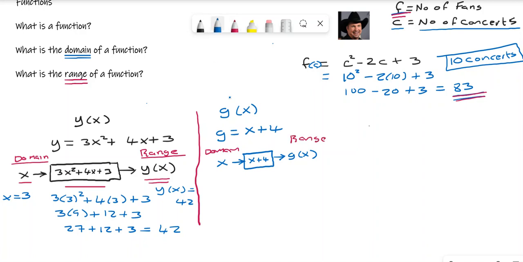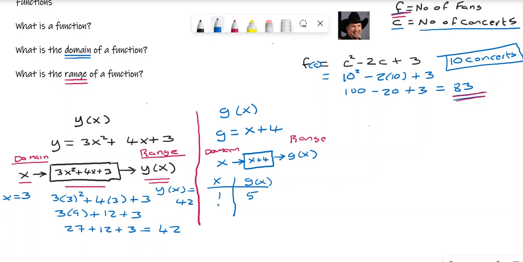So we could have a number of different values. Imagine we let these be our x values, and then these are going to be our g(x) values, or function values. So if I put in 1, it's going to give me 1 plus 4, so g(x) is going to be equal to 5.